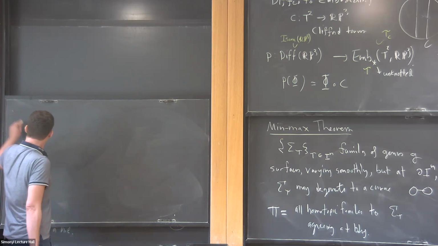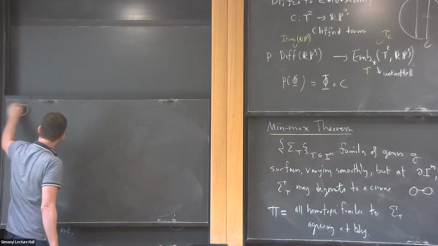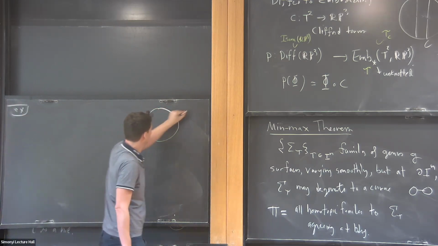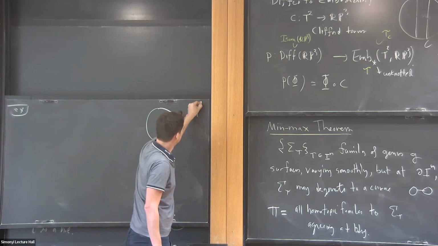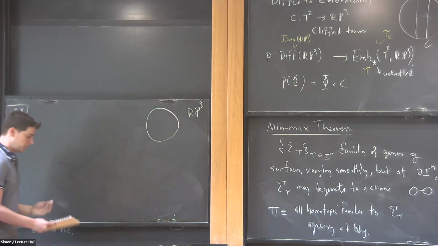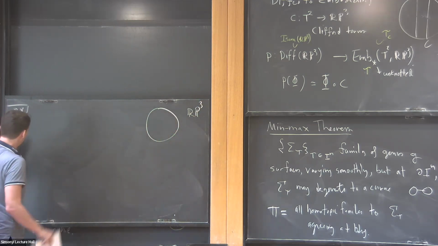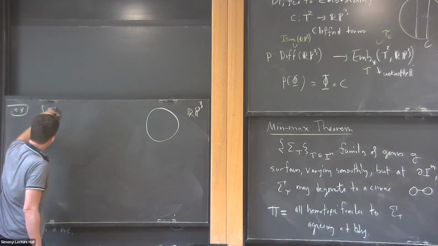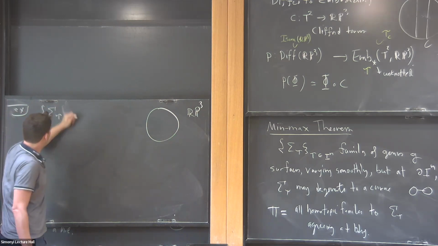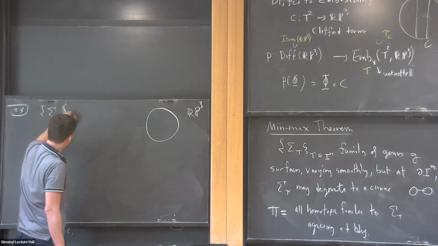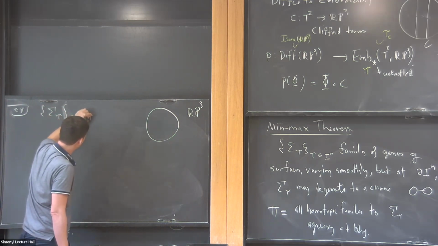Right. So what's an example of this min-max theorem? Let's just take the standard RP3, and let's consider genus 1 sweepouts of it. So I'm going to consider a 1-parameter family, sigma t, where t is in a 1-parameter family, but I'll write it as -1 to 1.